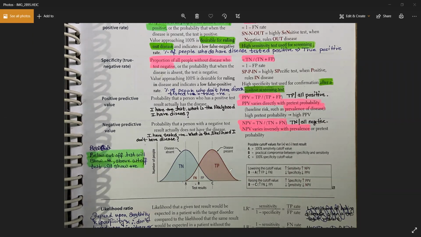Okay, so whenever I increase a cutoff value, I will increase the specificity, but I will decrease the sensitivity. Whenever I decrease the cutoff value, I'm increasing the sensitivity and decreasing the specificity.